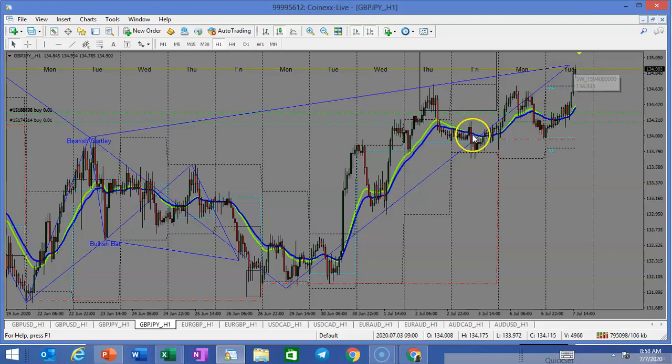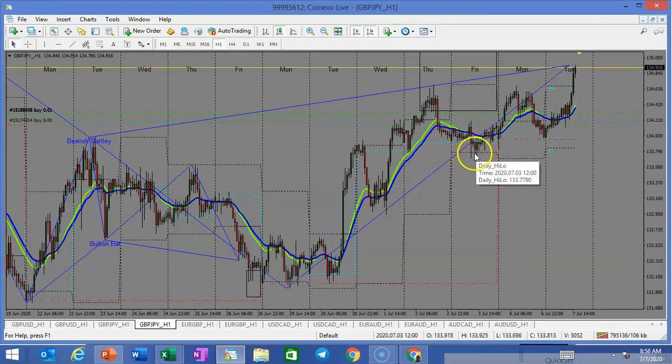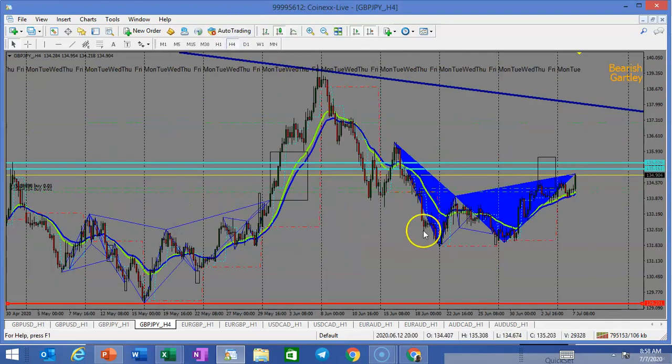Don't let this fool you. This is meant to fool you. But this is still showing that it was not able to break this level successfully. Even though price action closed below it, it still technically wasn't able to break it.